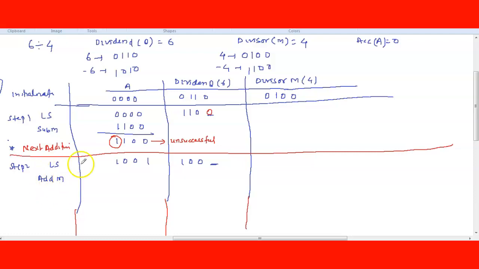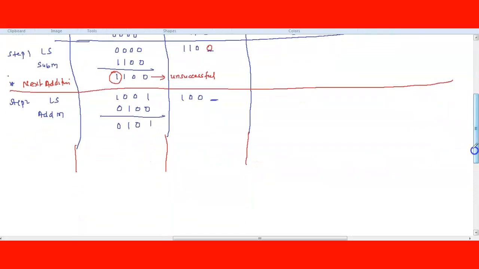Next step you have to perform the addition. Addition means you have to add 4. Add 4 means 0 1 0 0. So we can write 1 0 1 0. We got 1 0 1, and sorry, this is also 1 only.